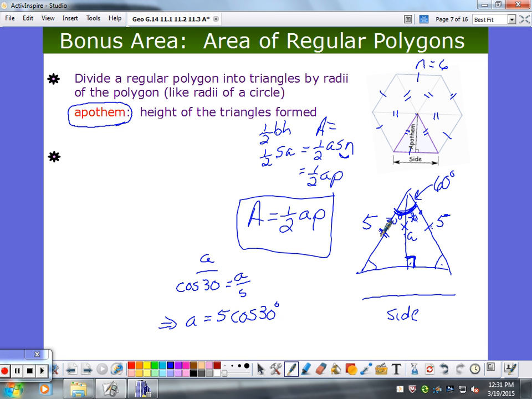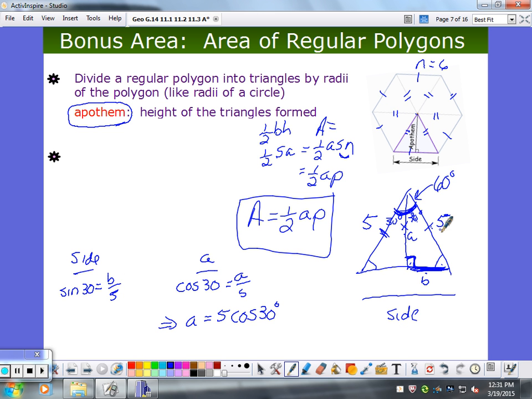Yes, it is. So now can I find this little piece right here? I'm just going to call that a little b just so I can think about what that is. I'm working on now what a side is. I'm just going to work on this whole side. So now it's sine, right? Sine of 30 will be b over 5, right?